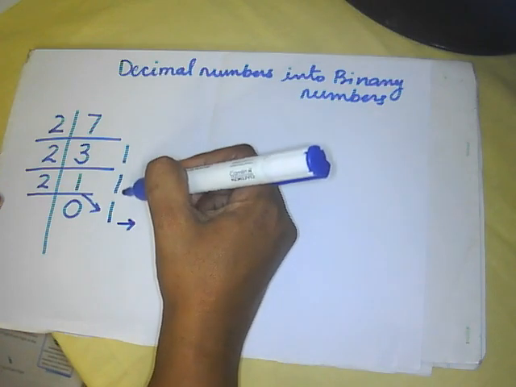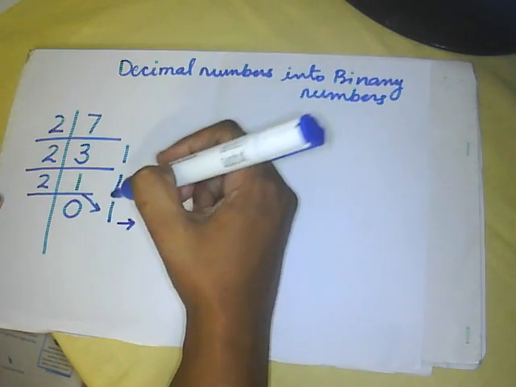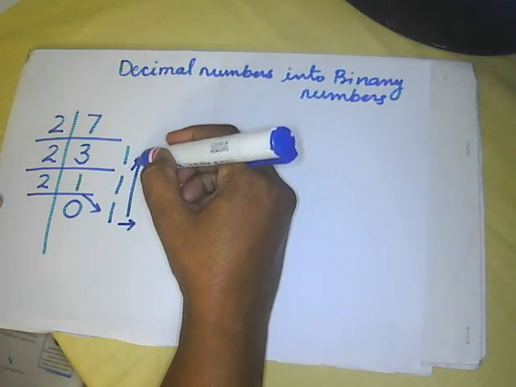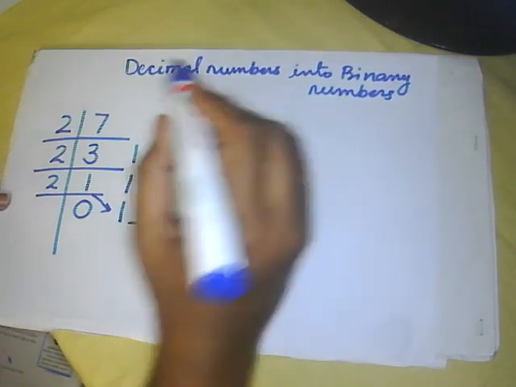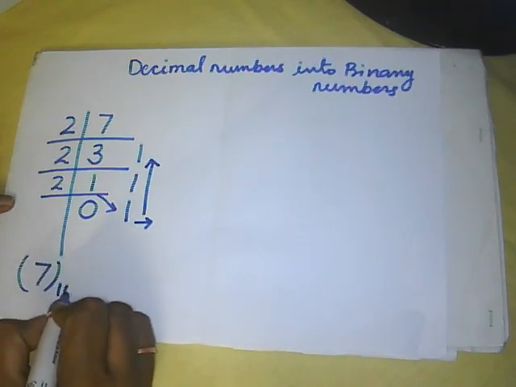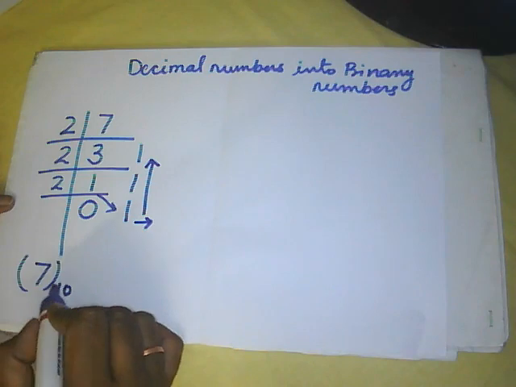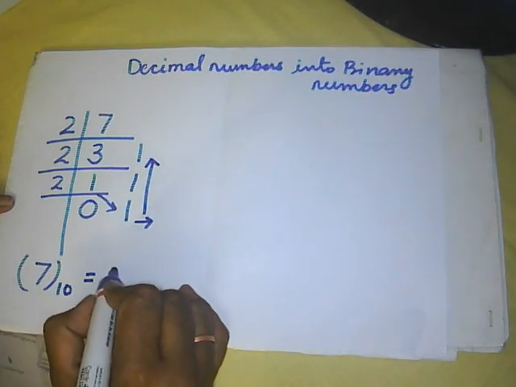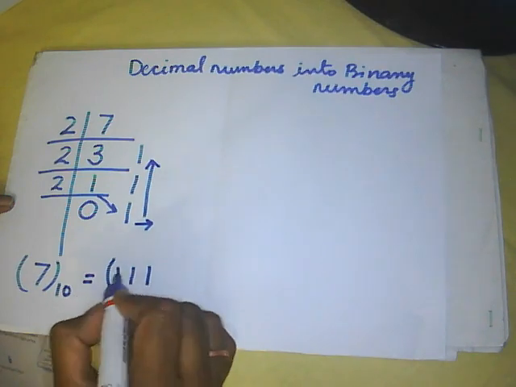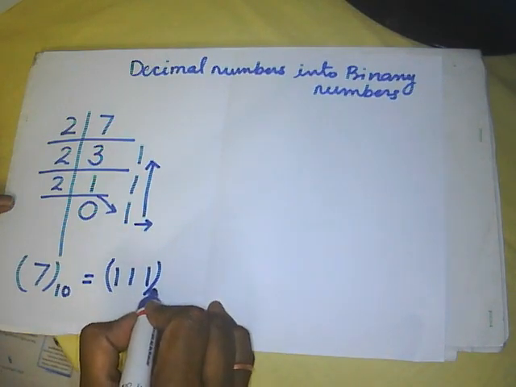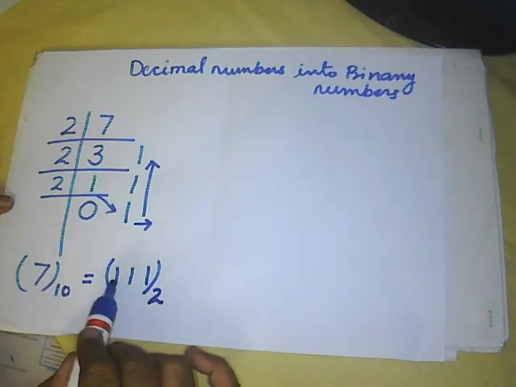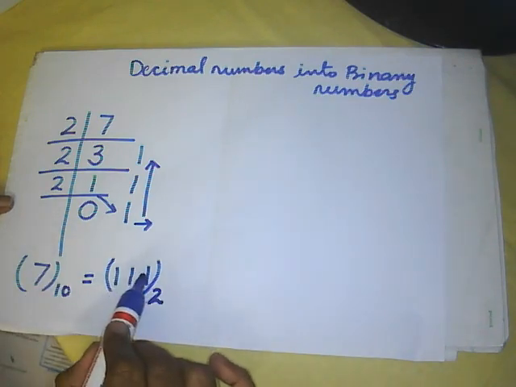So whenever we write our answer in binary, we always take the reverse order. So how do we write? 7 is a decimal number, so we will write 7 base 10 is equal to 1 1 1 in brackets, and then you write 2 as the base number. So 7 is equivalent to 1 1 1.